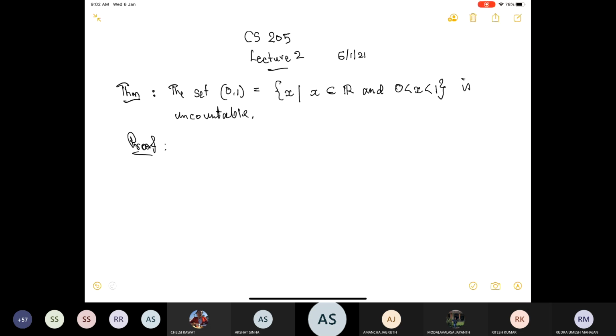And he gave a novel proof based on a technique called diagonalization, which we'll be using later on in the course. It is a very widely used technique in computability and complexity theory. Okay. So the proof is by contradiction.